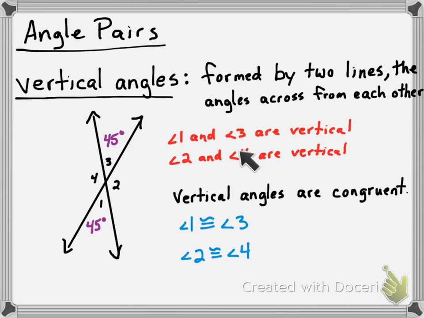And since 2 and 4 are vertical, 2 and 4 are congruent, which means if angle 2 was 135 degrees, that angle 4 would also be 135 degrees. Okay, so that's what you should know about vertical angles. First, how to locate them. They're directly across from each other. They share a vertex, but they don't share any sides. Okay, they're directly across from each other, formed by two lines, and you should know that if they're vertical angles, they are congruent.